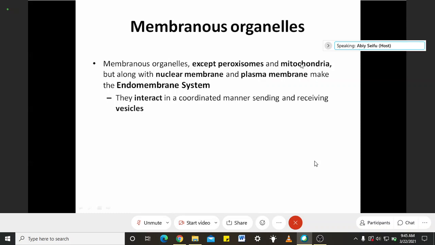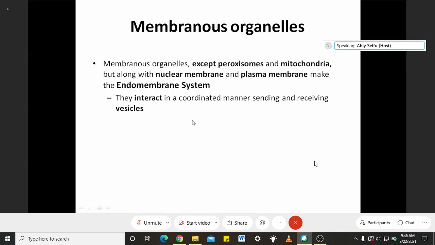So except these two, the membrane-bound organelles, along with the nucleus and the plasma membrane, make what is named as the endomembrane system.